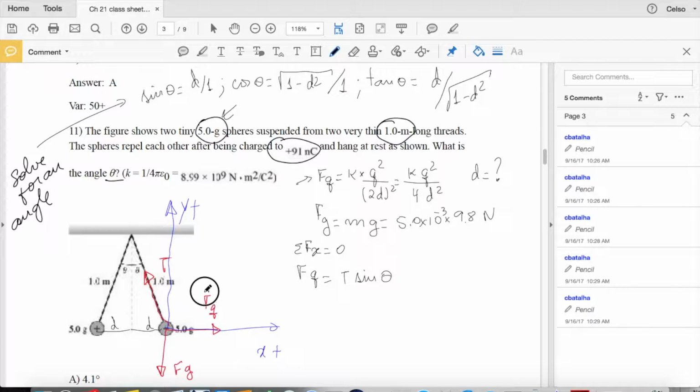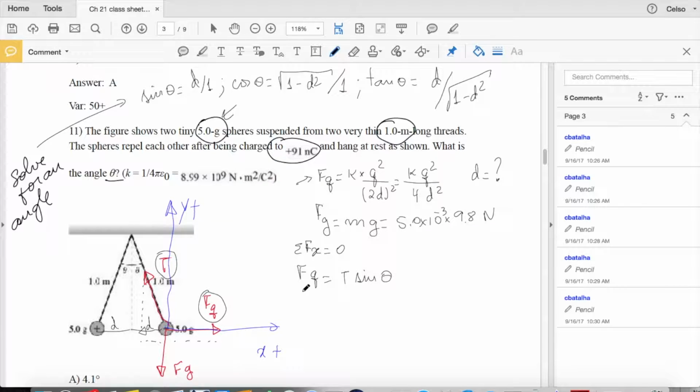So this force is balanced by the projection of the tension along the x-axis. This tension projects as a force in that direction, right? In fact, my diagram, as you can see, is not well drawn, because the size of this vector should equal the size of this vector, but sorry about that.